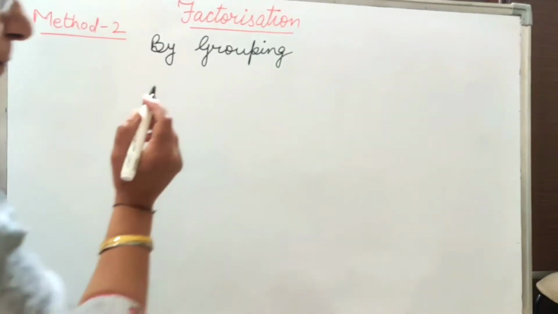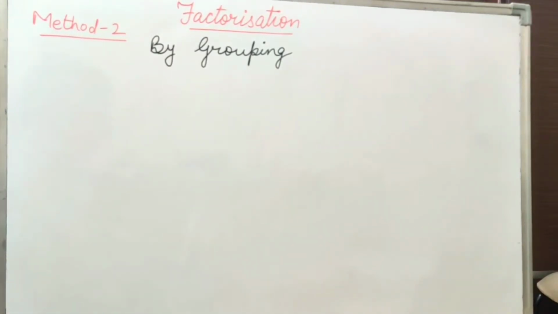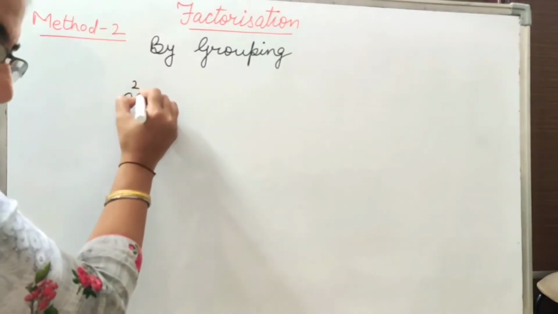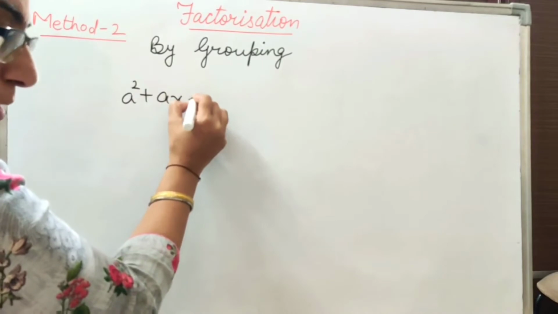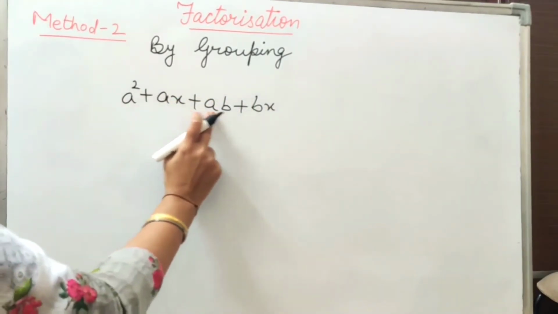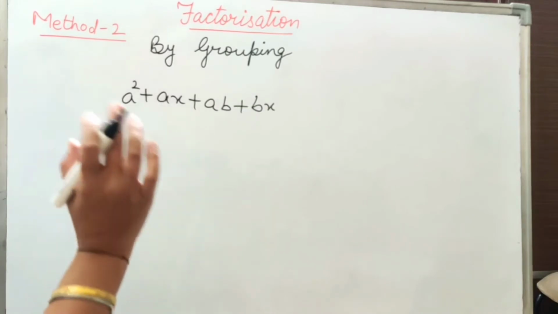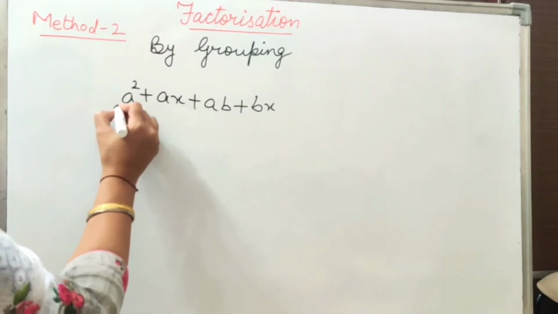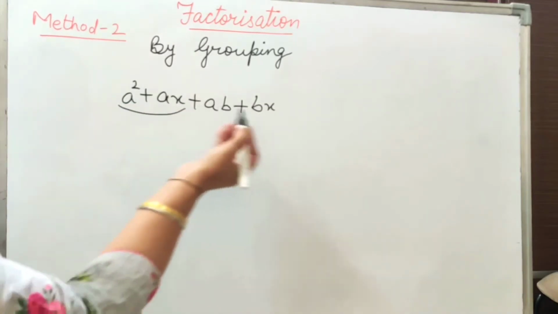So let me start. I am taking the very first question, that is a square plus ax plus ab plus bx. So 1, 2, 3, 4, an even number of terms. So now we can make the groups. I am pairing the first group and the second group because there are 4 terms.